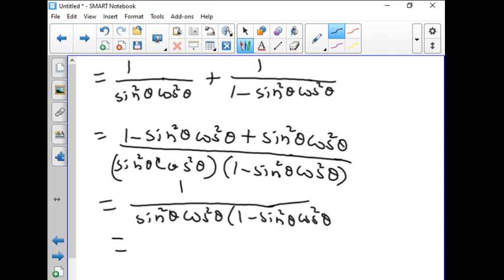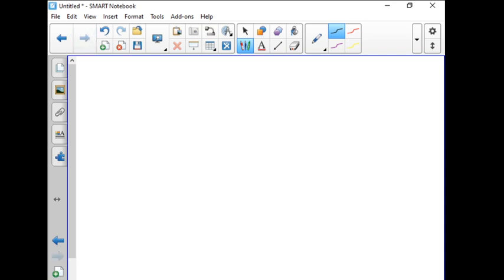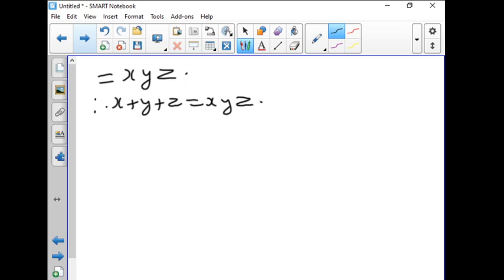That is equal to 1 by sin square theta into 1 by cos square theta into 1 by 1 minus sin square theta cos square theta. So what is that actually? It is equal to x, y and z. Therefore, x plus y plus z is equal to xyz. We have proved. Hence proved.